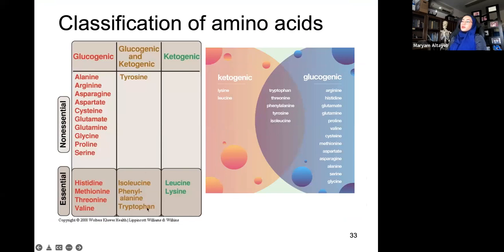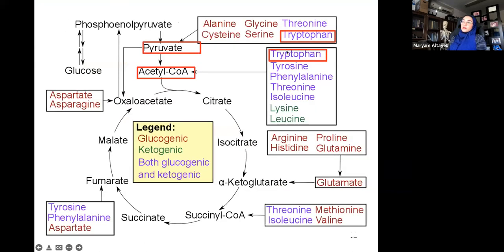Okay, so there are different amino acids, some that are ketogenic and some that are glucogenic. I don't know why this table doesn't include threonine, although it's both ketogenic and glucogenic. But all of these amino acids can be converted into acetyl-CoA, meaning they're ketogenic.